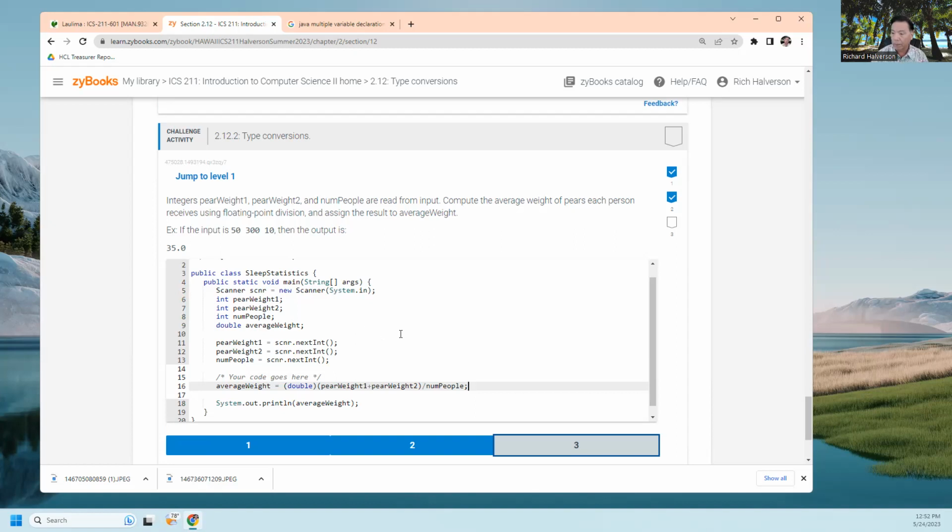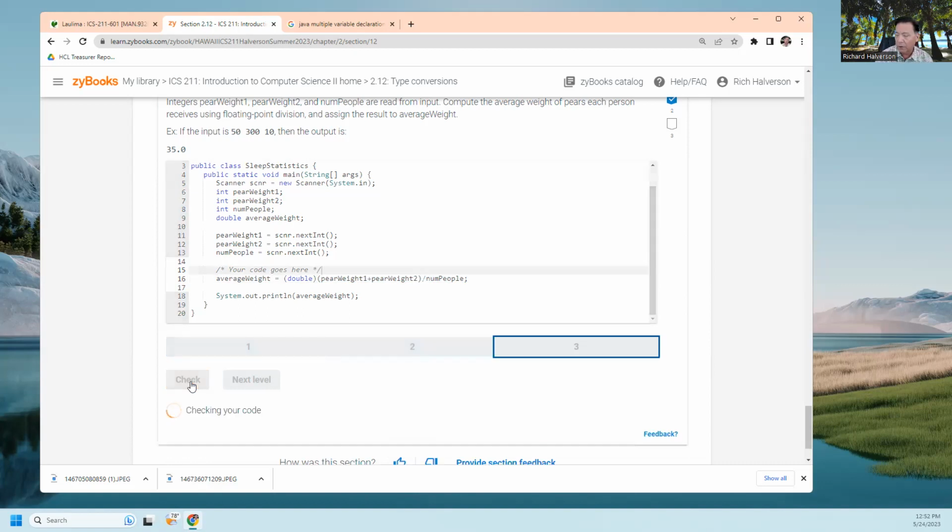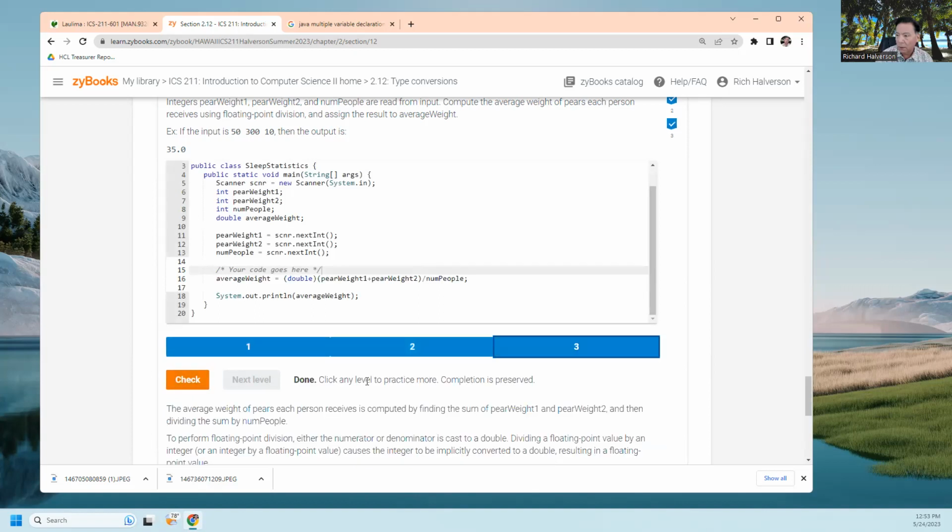Okay, now I'm thinking that it's going to do this first, which makes it a double, and then divide by the number of people, and since one of them is a double, the result is going to be a double. I do not believe it's going to do this first, in which case it would be integers. So let's see if this works. I had that question earlier and I was going to test it. Oh, okay, so it does do it first.